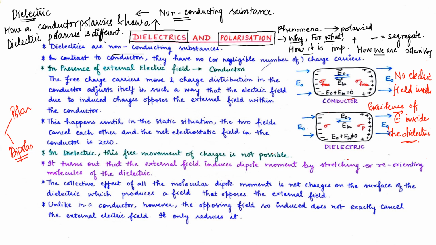In contrast to conductors, they have no or negligible number of charge carriers. In the presence of an external electric field, what happens to a conductor is explained over here.